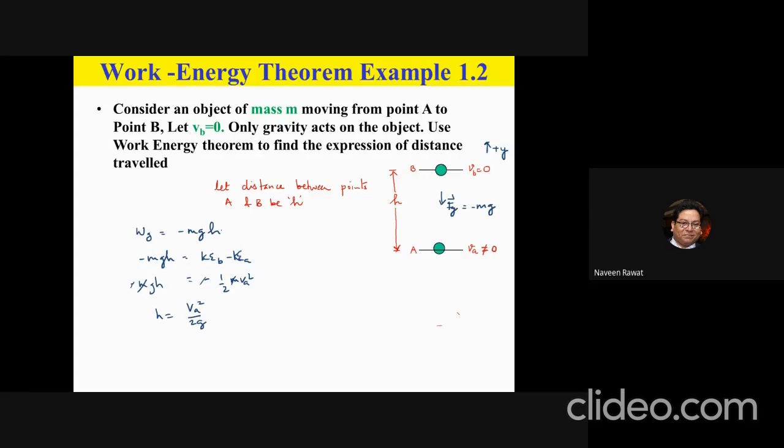So you are left with only the second term, which is minus 1/2 m va square, the velocity at position A, and then you can equate both sides. The negative sign cancels, the mass gets cancelled, and then you can find the expression for height, which will be va square by 2g.